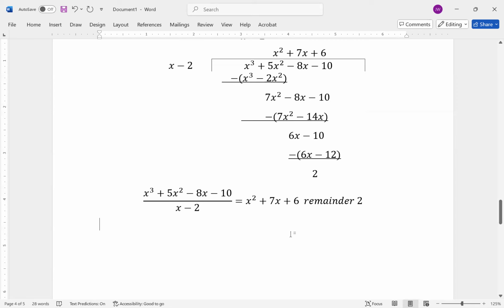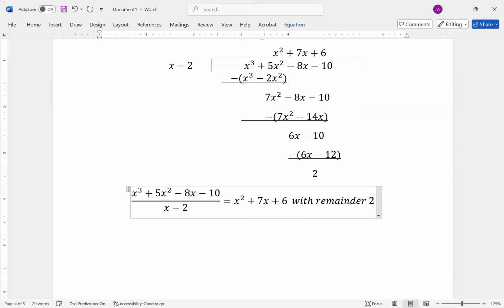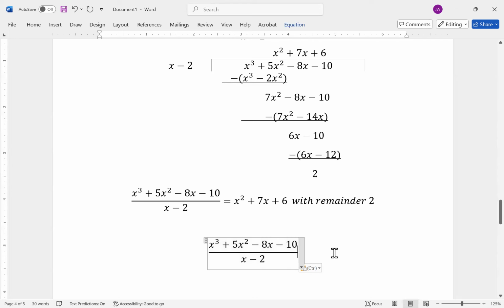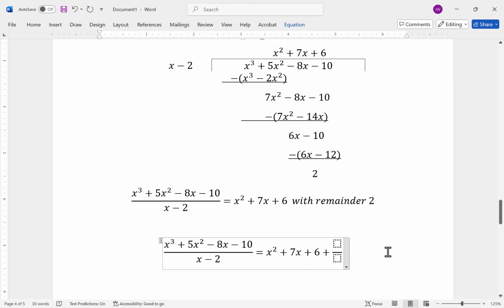Sometimes people would say with remainder of 2 or plus remainder of 2 or something like that. You could have also, like we did previously, say that's actually equal to x squared plus 7x plus 6, and then add the fraction 2 over x minus 2.